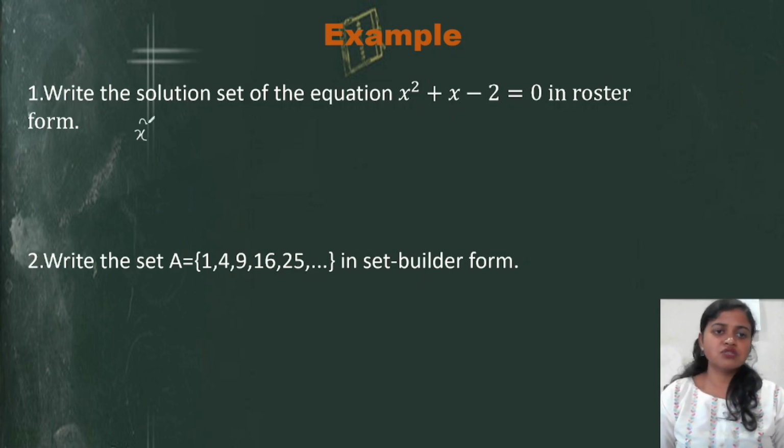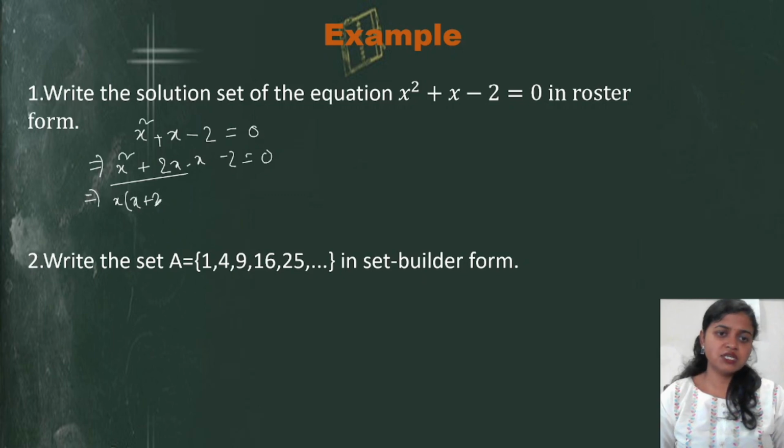To find the roots of the equation, x square plus x minus 2 equals 0, use middle term factorization: x square plus 2x minus x minus 2 equals 0. Taking common factors, x into x plus 2 minus 1 into x plus 2 equals 0. So this is x plus 2 into x minus 1 equals 0.